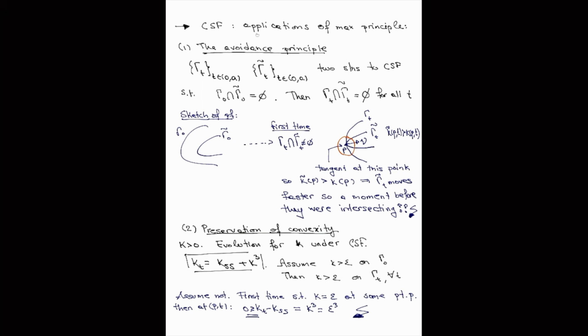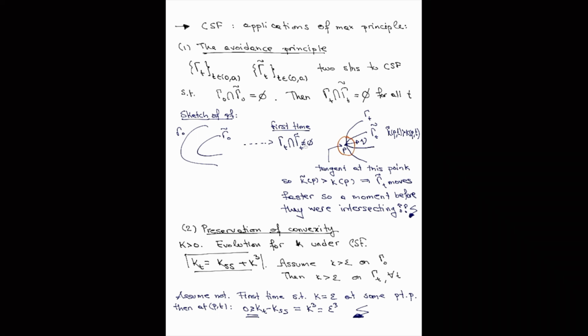If you have two curves which are initially disjoint, let's call them gamma 0 and gamma 0 tilde, so their intersection is empty, and here are their flows, gamma t and gamma tilde t, then at any time slice, the same will still hold. So if you start with two curves that are disjoint, then they cannot intersect later on.